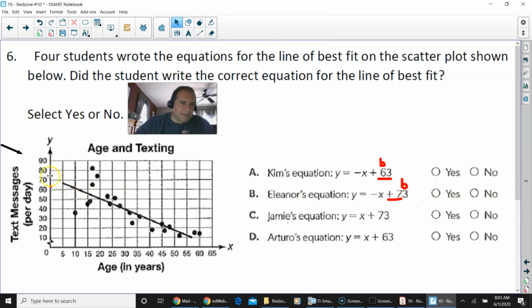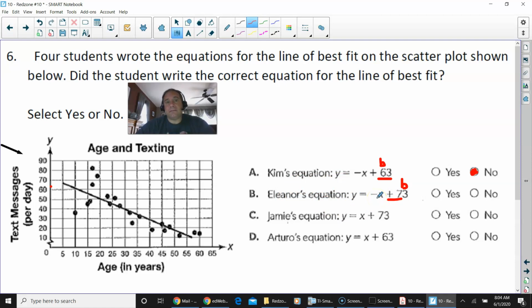It's going to be something like 75 or 73, around there. All right. So that means that Kim's equation, I would put that is incorrect. And that is incorrect because she has the wrong y-intercept. So if Kim's was incorrect, what do you think about Eleanor's?